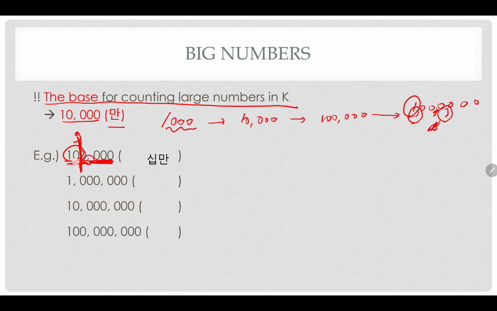Then you would read it as 10만, right? Let's have an imaginary comma here. Then you would read this as 100만, right? Let's have an imaginary line here. Then it will be read as 1000만. For this, it would be 억. This was 만, and now it becomes 억.